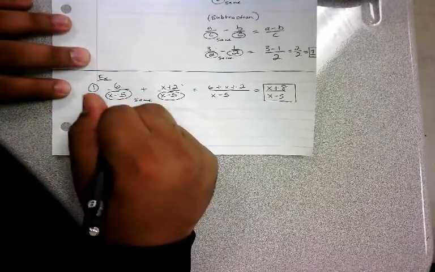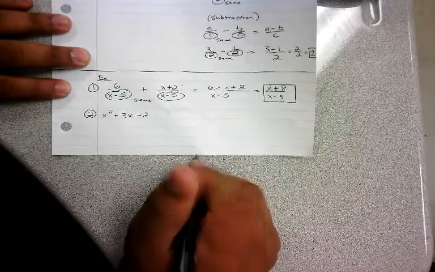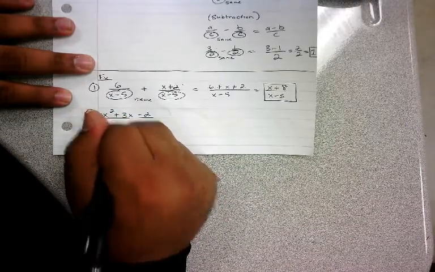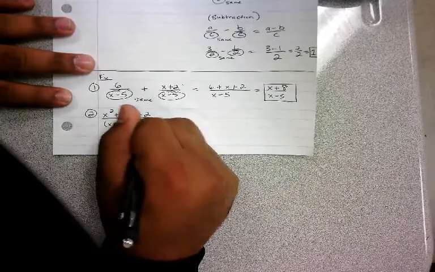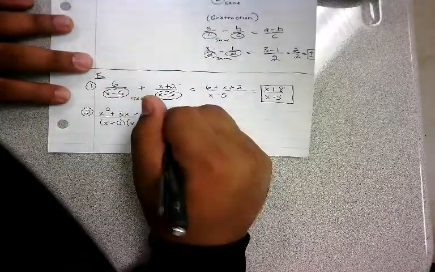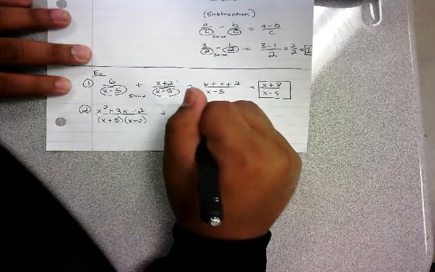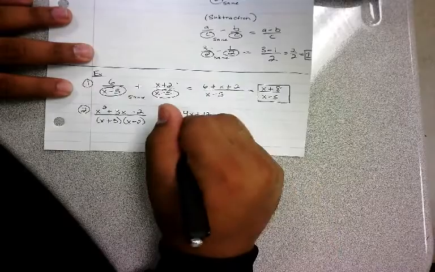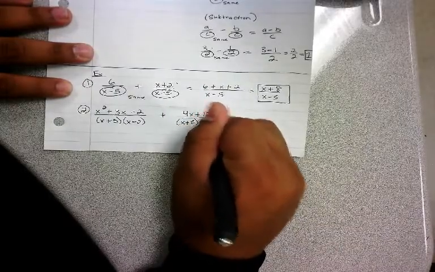You got x squared plus 3x minus 2 over x plus 5, x minus 2, plus 4x plus 12 over x plus 5, x minus 2.